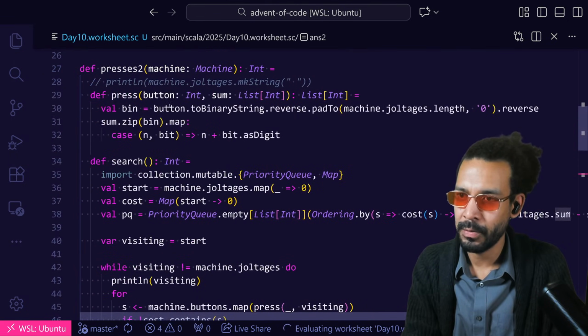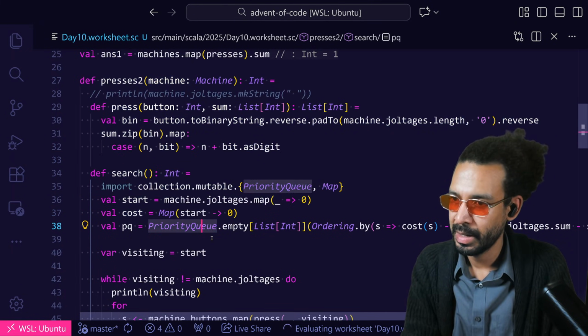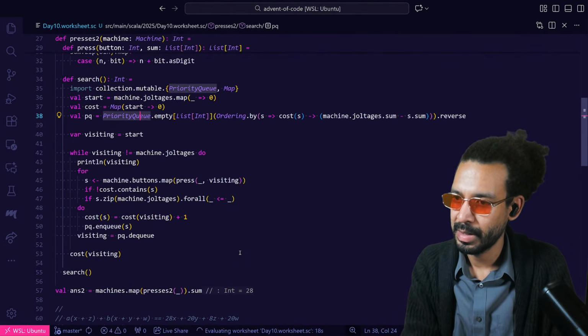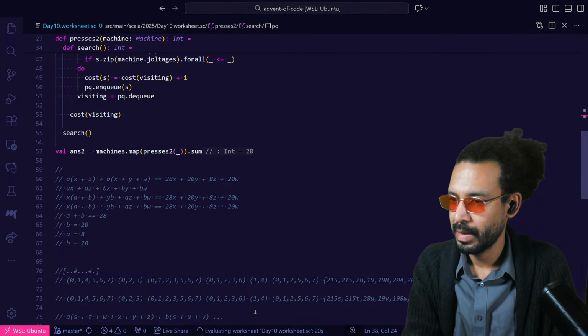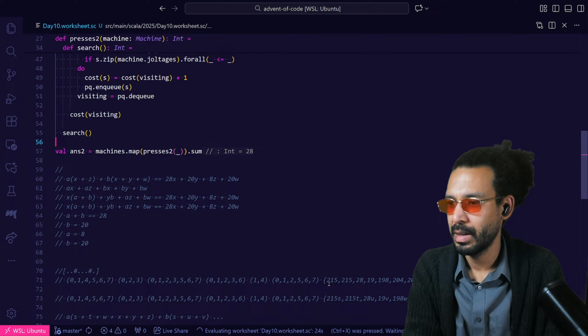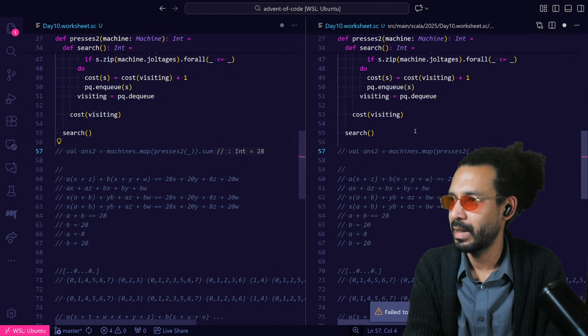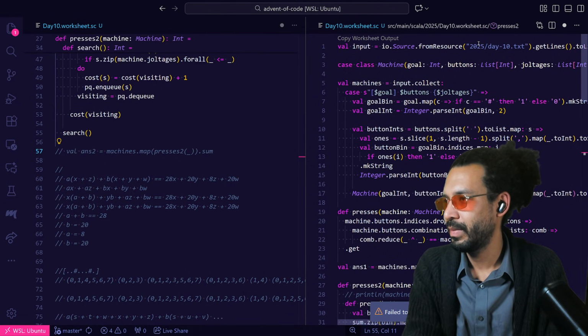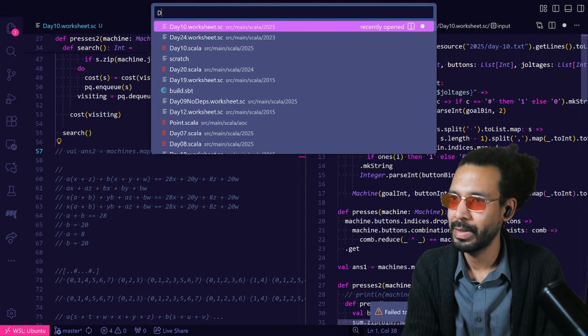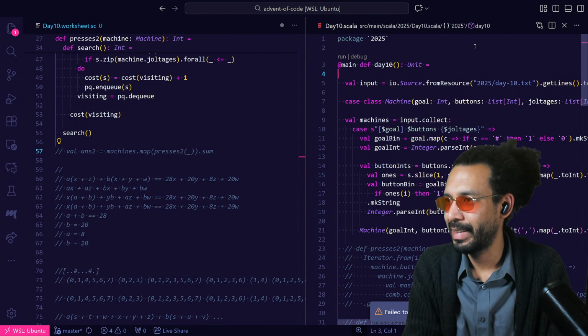So this is my former Dijkstra approach. And wow, that's slow even for that. Okay, I take that back. Let's try a YOLO. I think we can do a YOLO for 1, right?